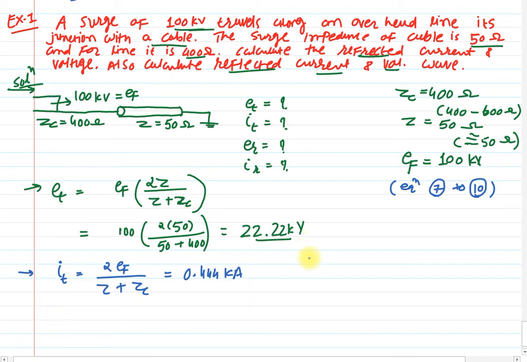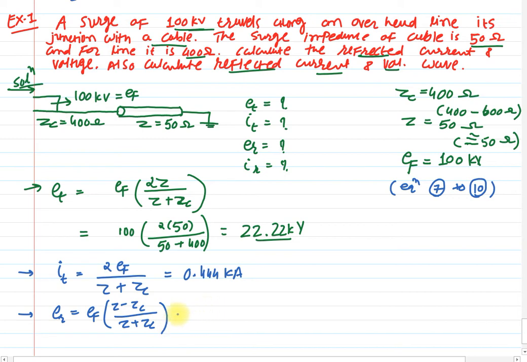Next, in the same way, we have to calculate ER. We know the equation for ER, which is equal to EF into bracket Z minus ZC divided by Z plus ZC.